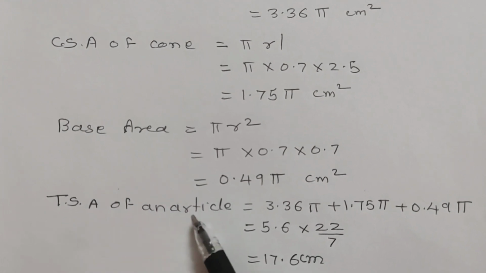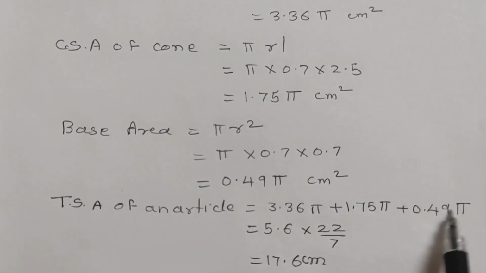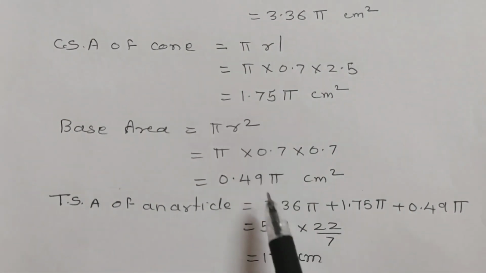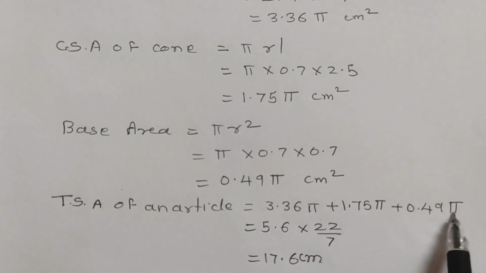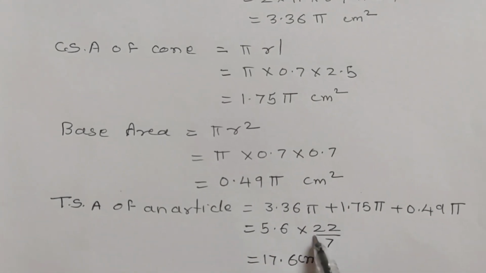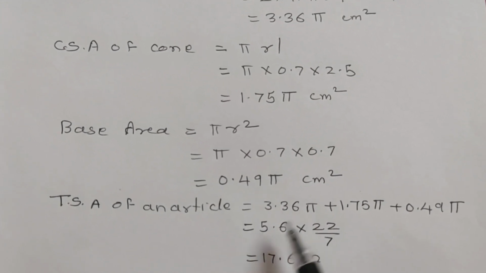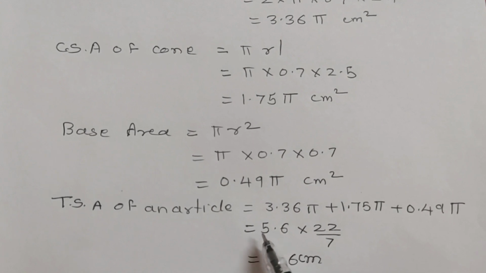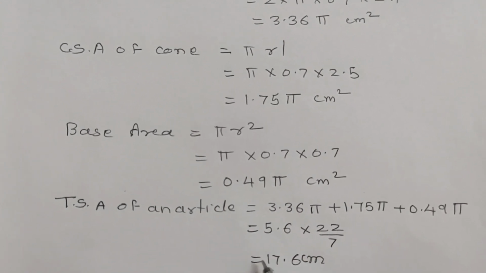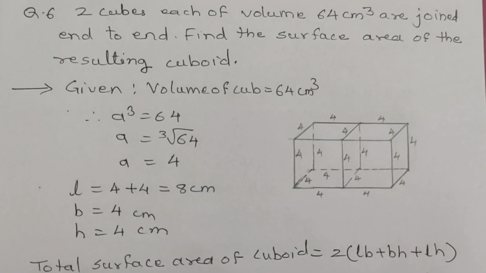Total surface area of the article is equal to, we have to add all three values we have found out. It is 3.36 plus 1.75 plus 0.49 pi. Now substitute the value of pi equal to 22 upon 7. So after adding we are getting here 5.6 into 22 upon 7 is equal to 17.6 centimeter square.